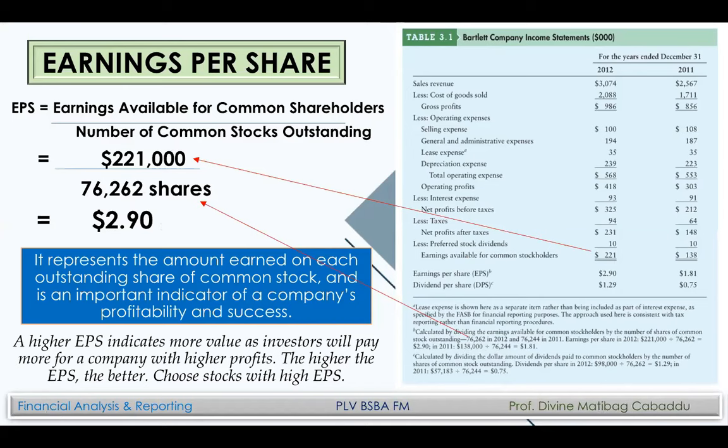That means to say, for every share of stock that you own in the company, okay, it's earning $2.90. Okay ba yun? A higher EPS, okay, is indicative that investors will pay more for a company with higher profits. So the higher the EPS, the better. So when choosing stocks, if you're interested in investing in a company, always choose stocks with high earnings per share.